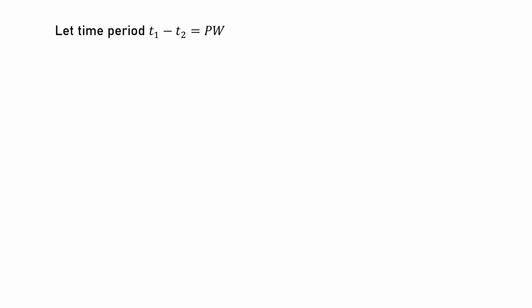Let the time period T1 minus T2 be the pulse width PW, and T2 minus T3 be the space width SW. The total time period T equals PW plus SW. The duty cycle D is equal to the pulse width divided by the total time period.